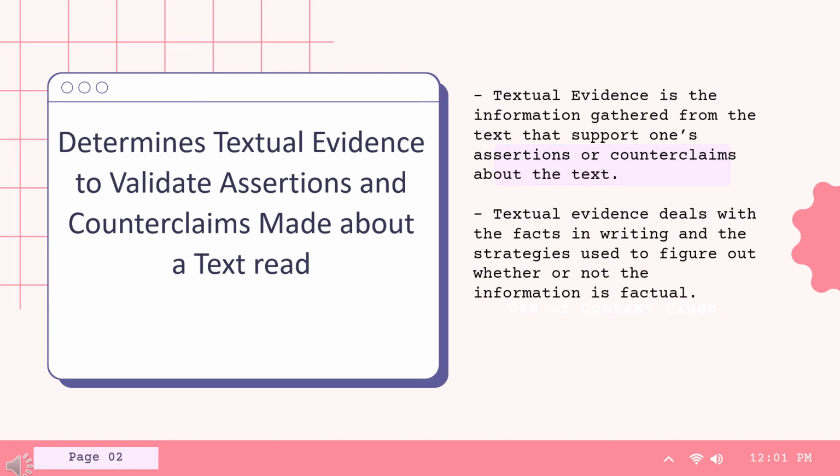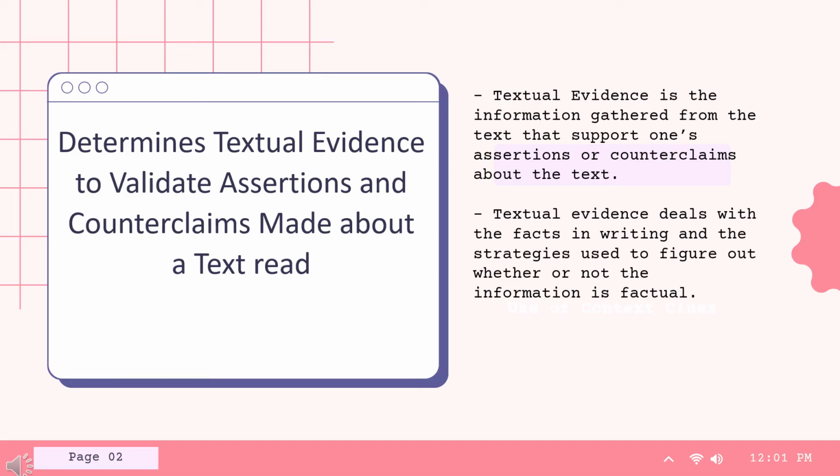Our last lesson is all about determining textual evidence to validate assertions and counterclaims made about a text read. Since we already know how to give reasons and integrate them in critical reading, we learned already the different types of assertion and what assertion really is.